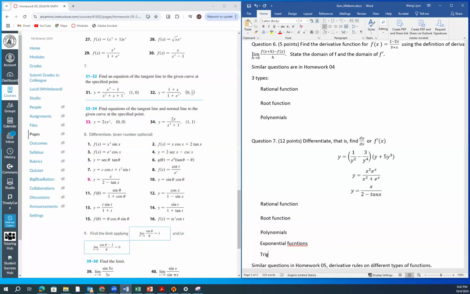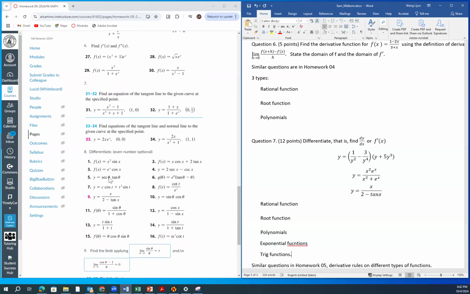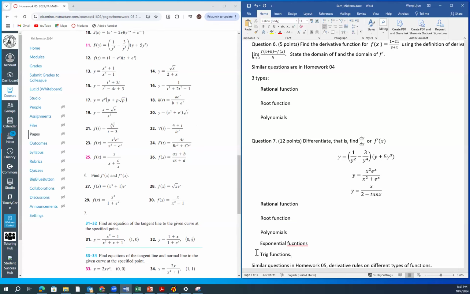Trig functions. So this you can see involves exponential functions, rational functions, polynomials, which are the simplest, and trig functions. Okay.